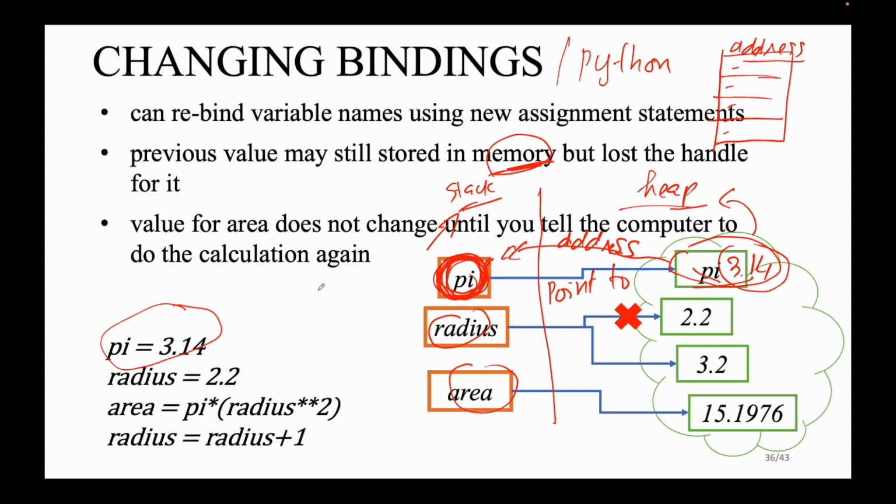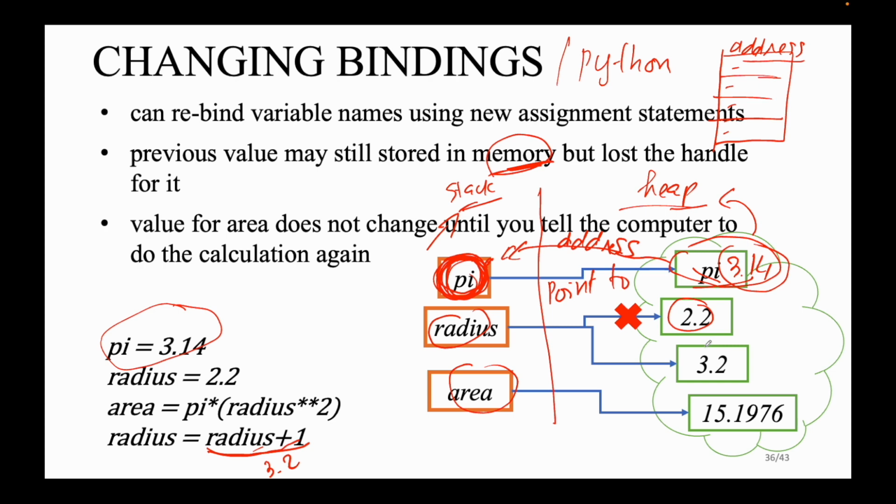However, surprisingly, when you try to modify the value of radius, for example radius plus 1, Python doesn't directly modify the value of this location.